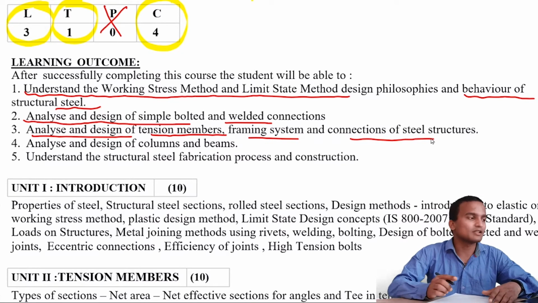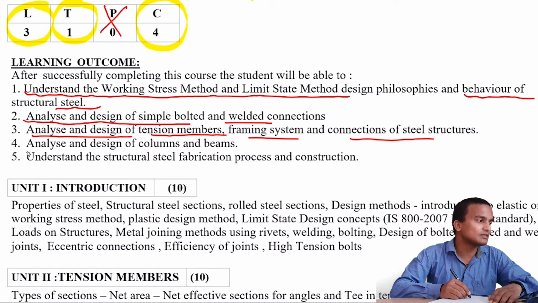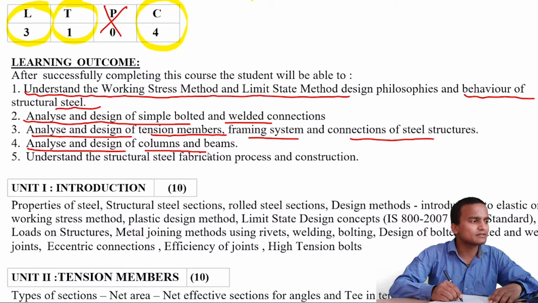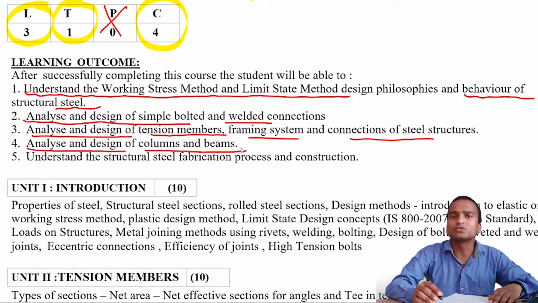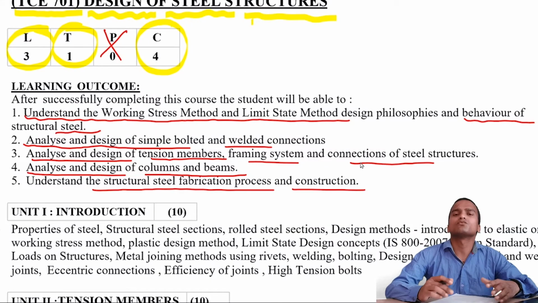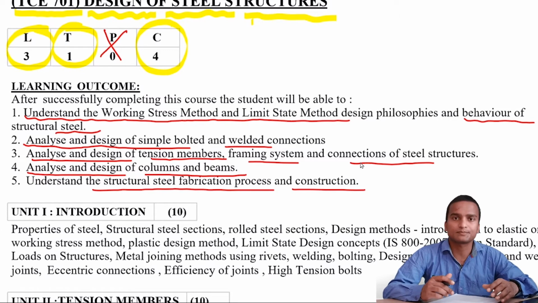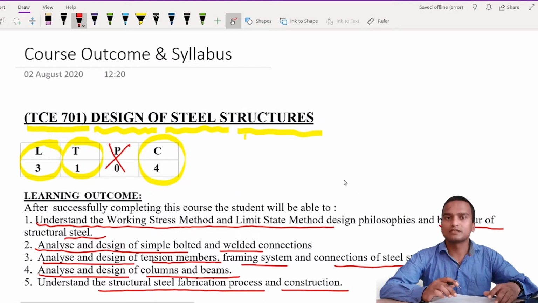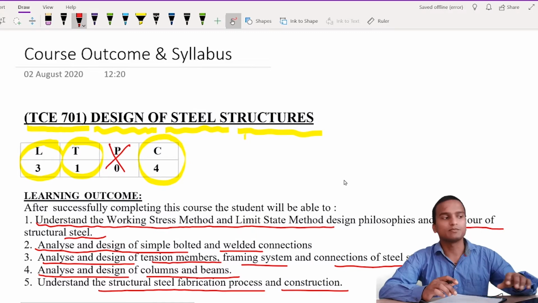So the 4th learning outcome is to learn the analysis and design of columns and beams. This will be in unit 3 and unit 4 successively. And the final learning outcome will be to understand the structural steel fabrication process and construction. In one way, we can say we are going to see the application of steel structures in roof trusses and industrial buildings.